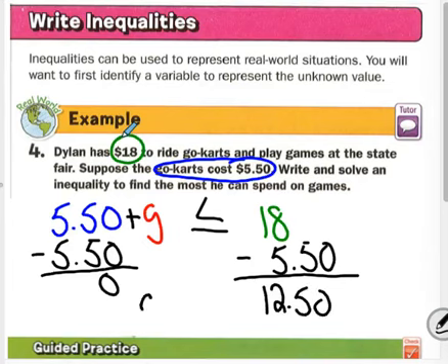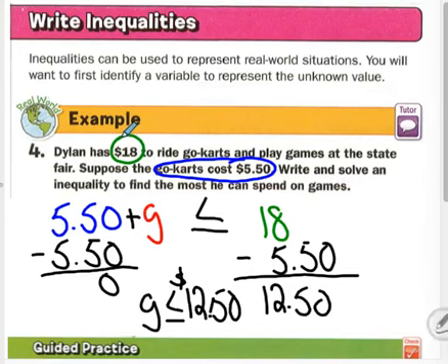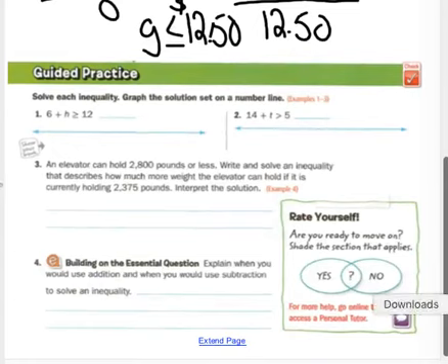So we find that the amount he can spend on games has to be less than or equal to $12.50. So he can spend $12.25 on games, he can spend $12, he could even spend all $12.50, but he can't spend $12.51.